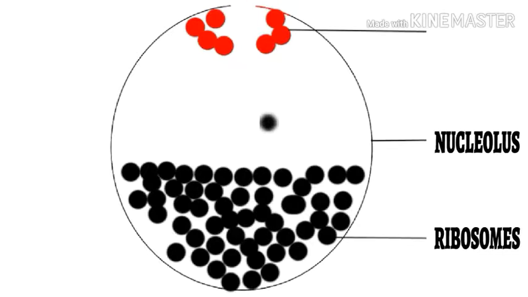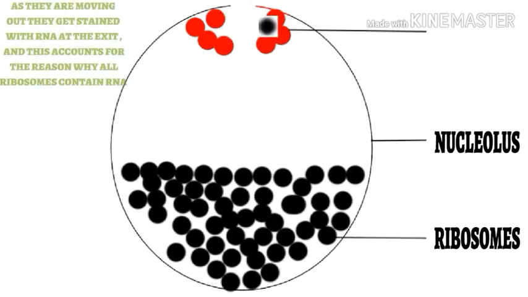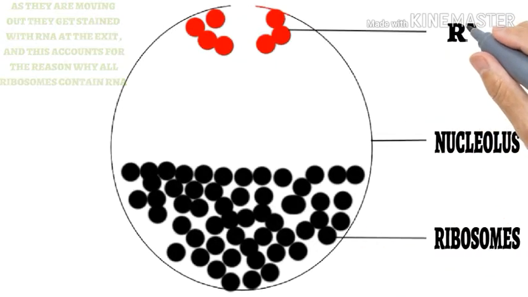That's just the movement of ribosomes within the nucleus. As they are moving out, they get stained with RNA at the exit, and this accounts for the reason why all ribosomes contain RNA.